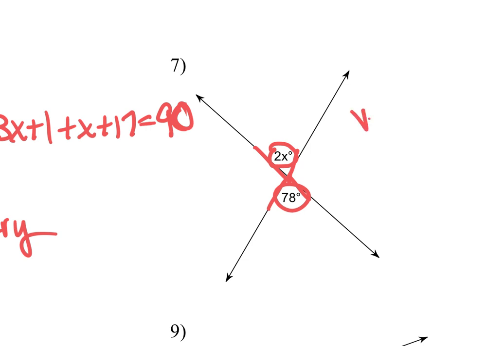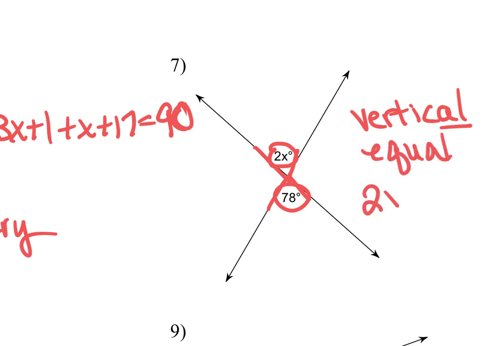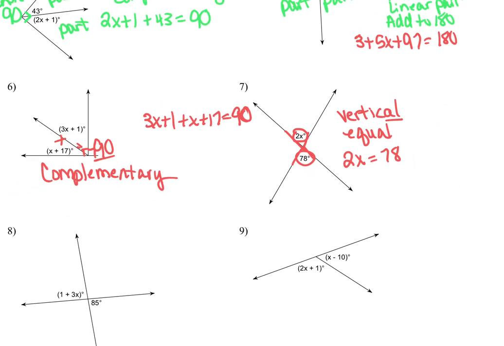Hence, these are vertical, and vertical is V-E-R-T-I-C-A-L. Everybody spells that incorrectly. They are vertical angles, which means they are equal to each other. So we would just set up our equation, 2x equals 78. No angle addition on this one.